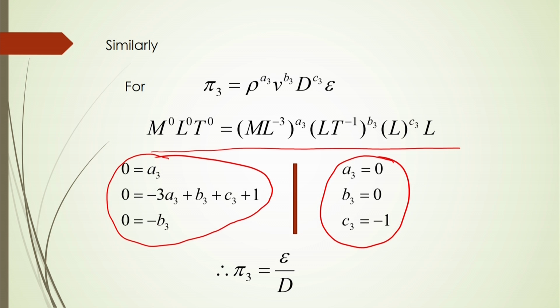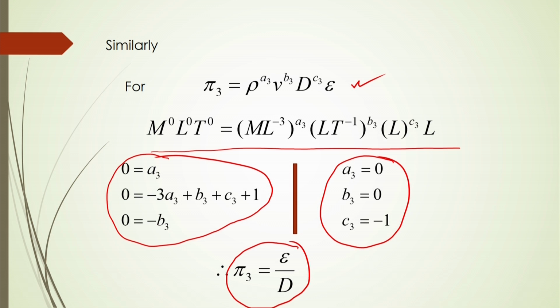After substitution of a3, b3 and c3 in phi 3 and simplification, phi 3 is equal to epsilon by d. You will see this epsilon by d is also a dimensionless group, because the dimension of epsilon is L and the dimension of d, the diameter of the pipe, is L. So, L cancels and phi 3 comes as a non-dimensional group.